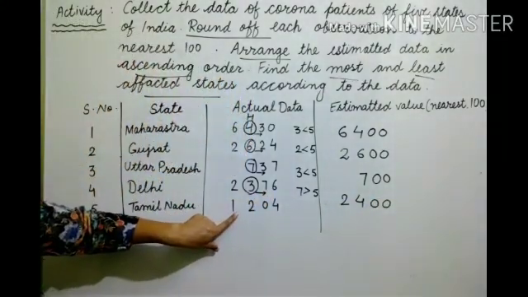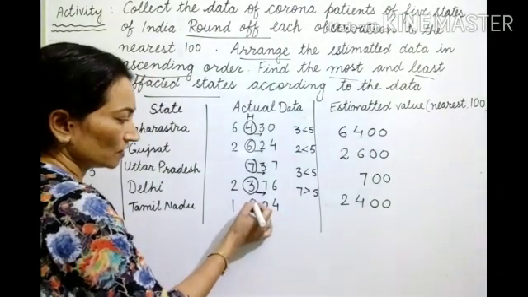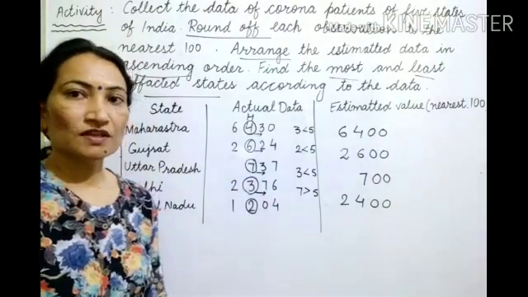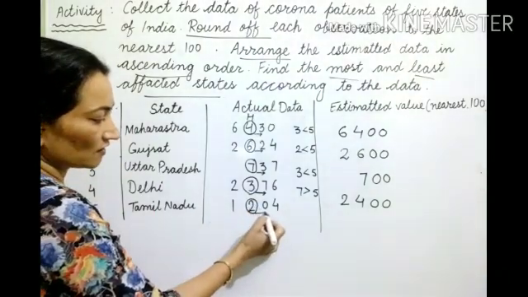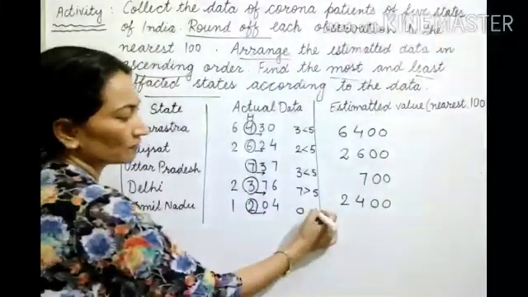Now take the fifth number, 1,204. Circle the 100 place digit, as we are rounding to the nearest 100. See the right digit of it, that is 0. Compare with 5.